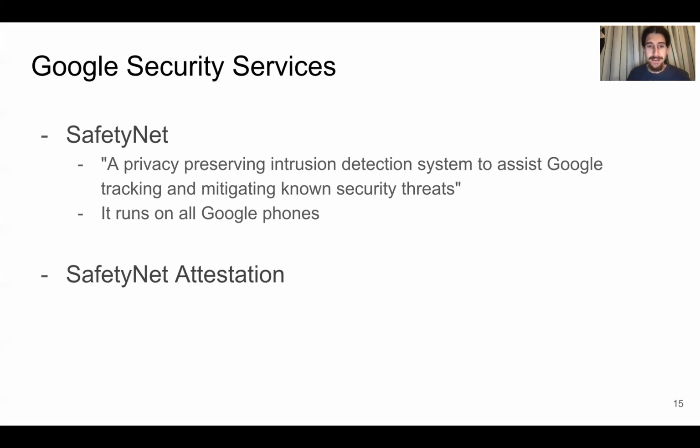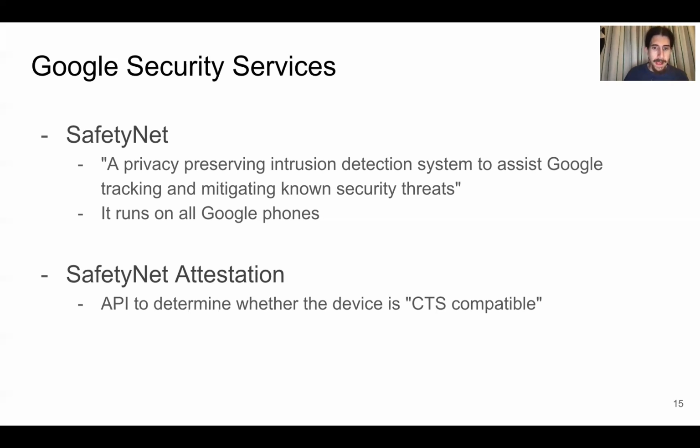There is a thing called SafetyNet attestation, an API to determine whether the device is CTS compatible. CTS doesn't literally stand for this, but we mean the Android Compatibility Test. You can ask the SafetyNet service, hey, is this device okay?